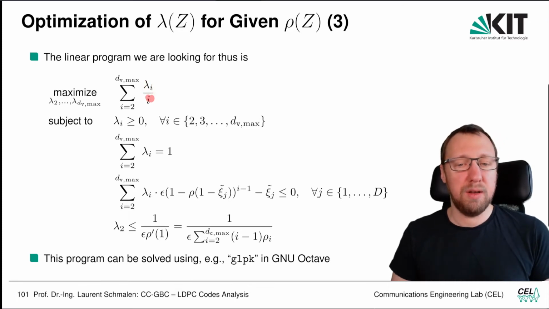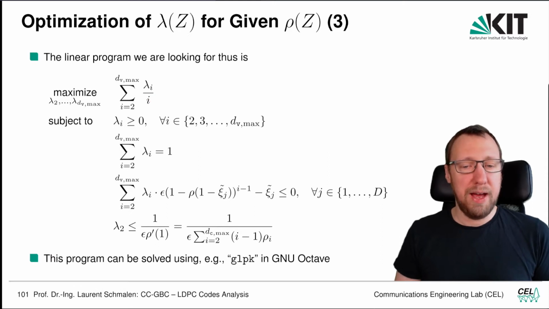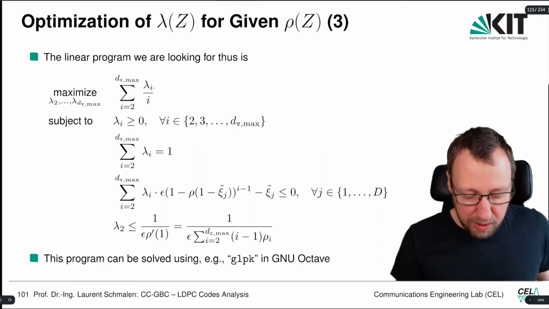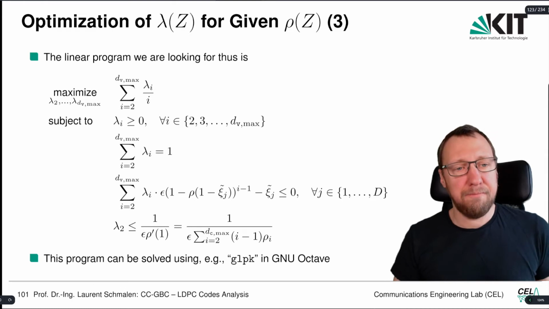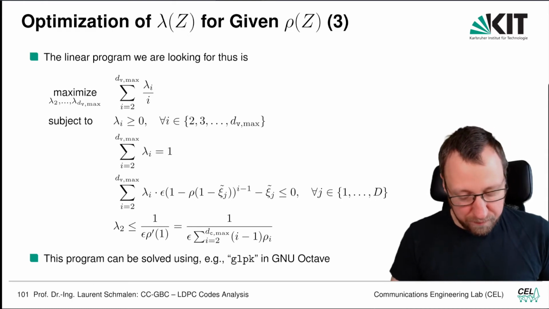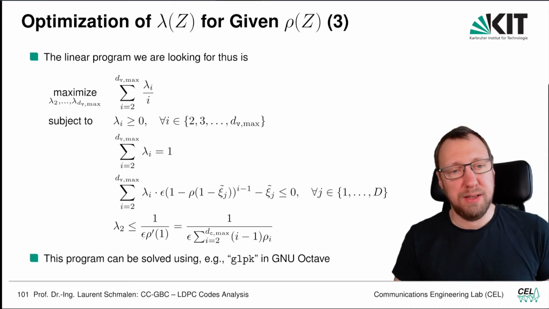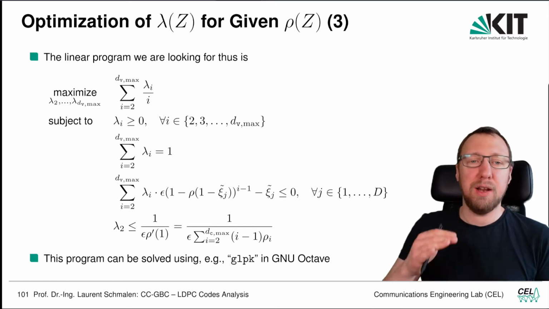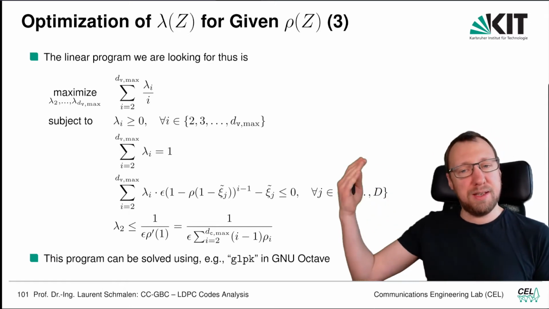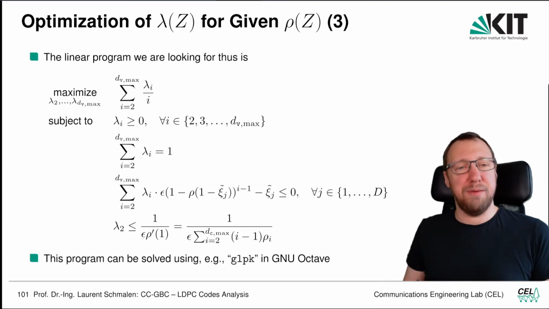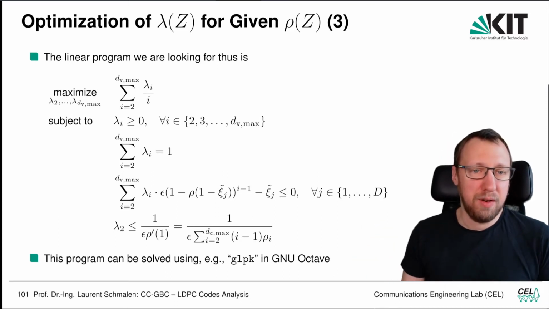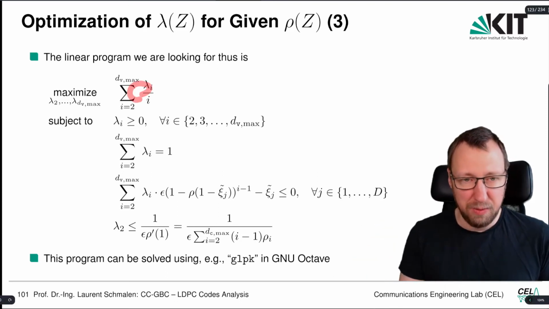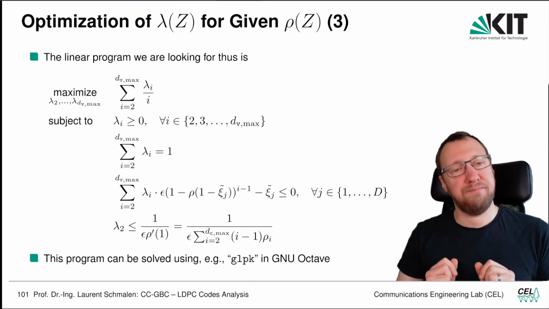This is what we had. Subject to some constraints. We cannot freely choose the lambdas, otherwise we should just choose lambda i's infinity, which would definitely maximize this sum. So we need to have some constraints.